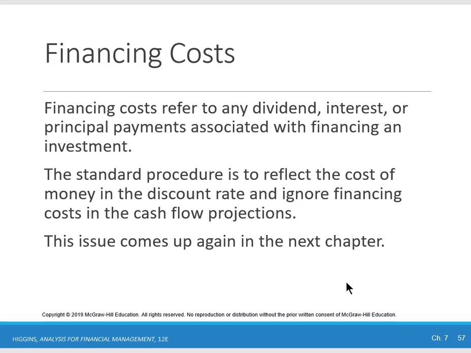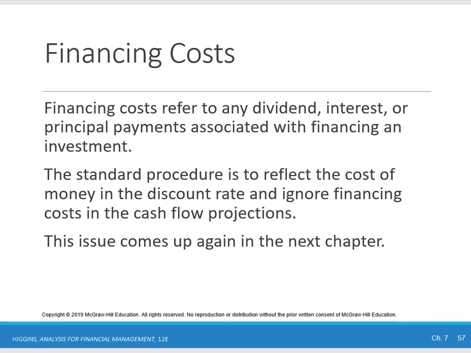What we don't want to do, though, is we don't want to include interest expense in our cash flows. Because if interest expense is part of cost of financing and it is in the discount rate, we're already taking it into account. So we also don't want to reflect it as an expense.